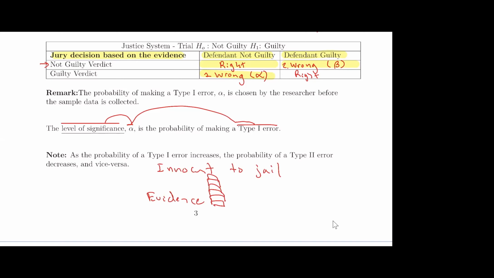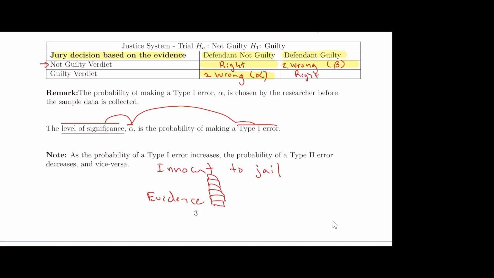So if the amount of evidence I need in order to prove that somebody is actually guilty is so high, what's going to happen? You're going to let more people who are actually guilty go free, because in order to prove that anybody is guilty of anything, you're going to need so much evidence that sometimes it's going to be impossible to give you all the evidence you need.